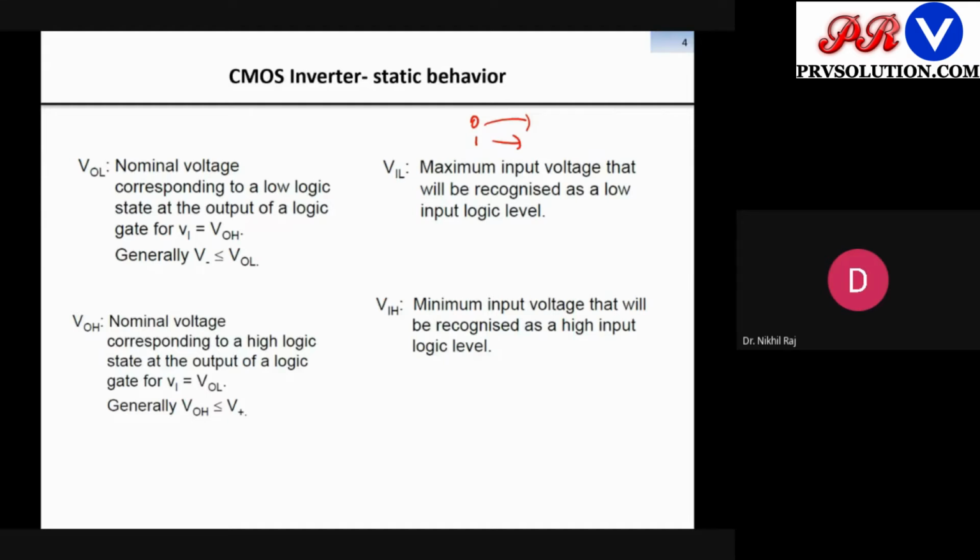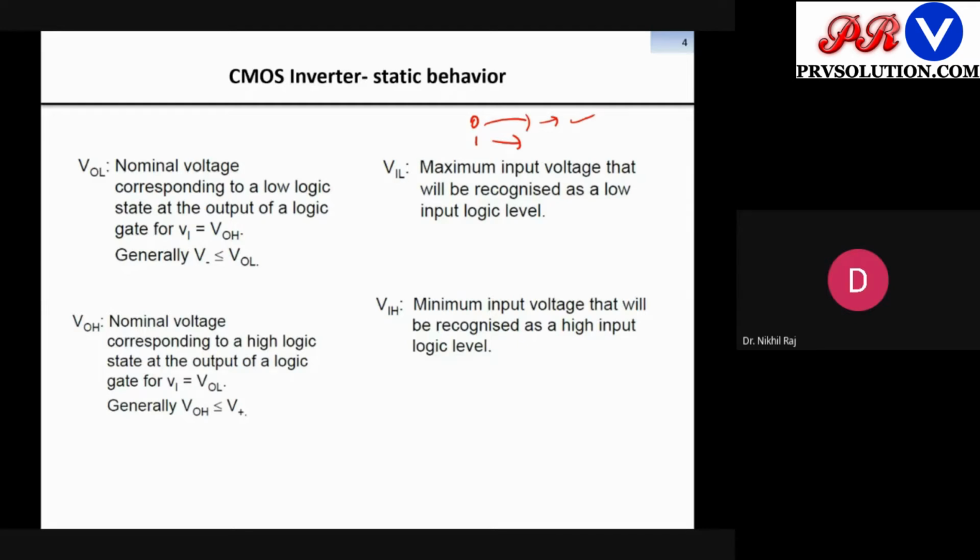Signals being transmitted can get damaged due to additive noise: the voltage can be added up, and your 0 voltage can be degraded to something other than 0, like 0.1 or 0.2 volts, and 1 can be degraded to, say, 0.8 or 0.9.